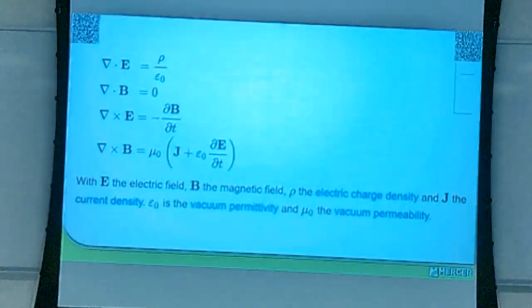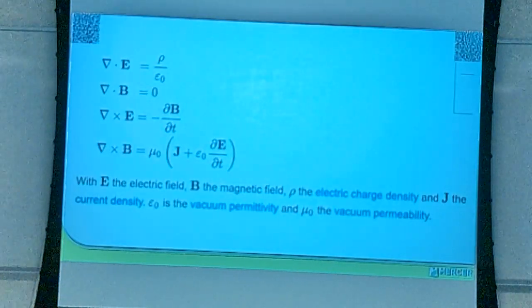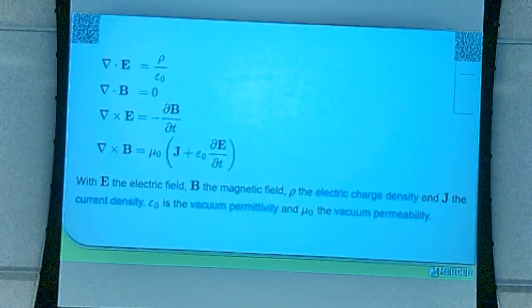Do you recognize these? Only 4 of the most well-known equations: Maxwell's equations.